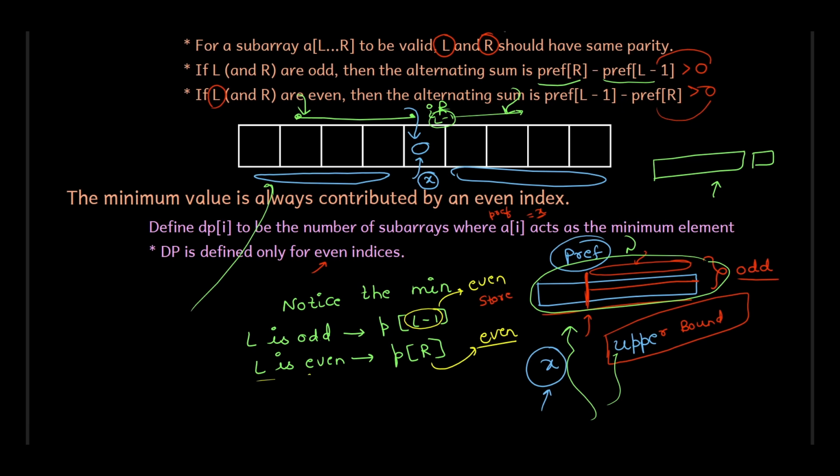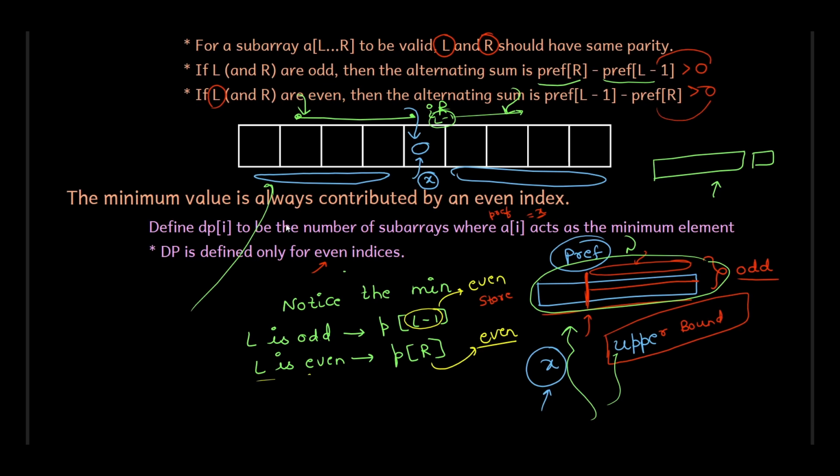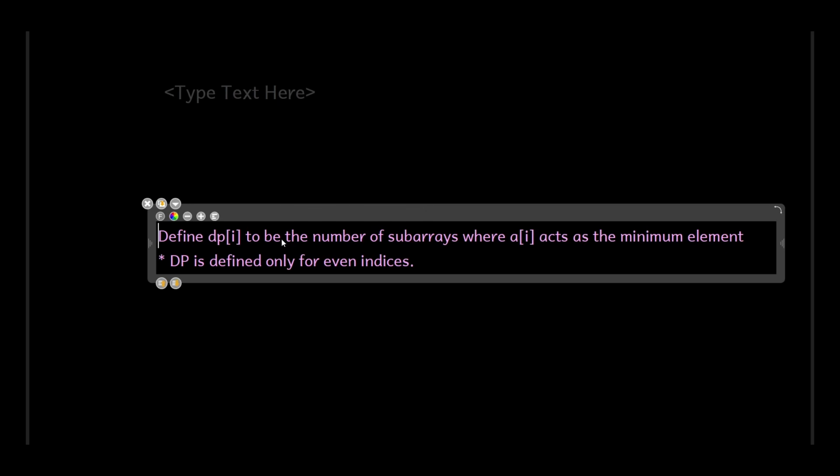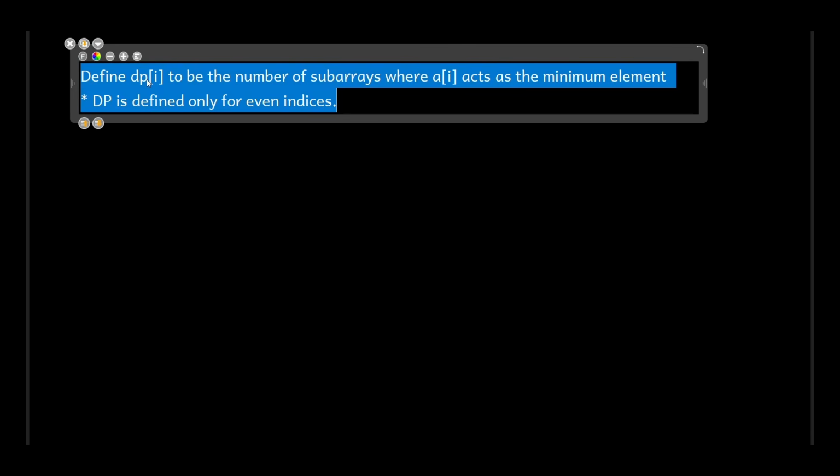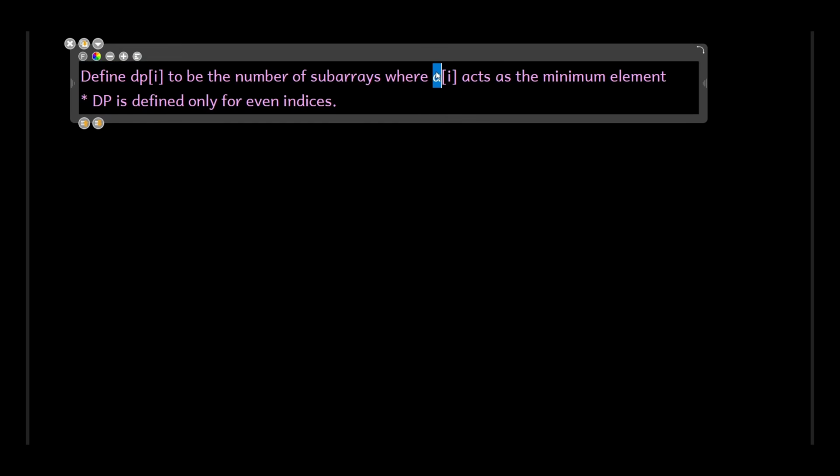So just to summarize what we have done in this last part, we take this DP definition, and DP of I is the number of subarrays where prefix of I acts as the minimum element, and DP of I is only defined for the even indices.